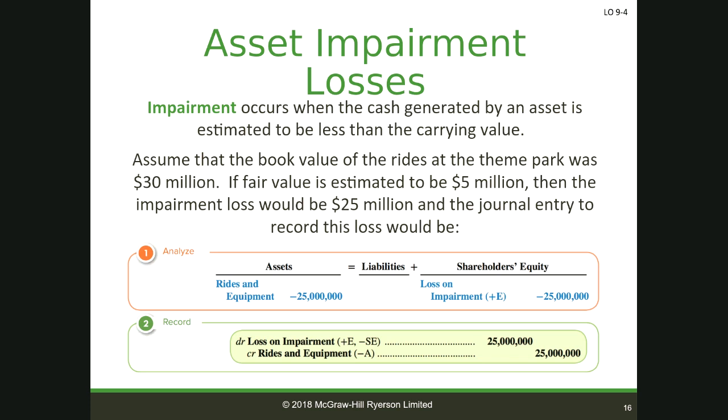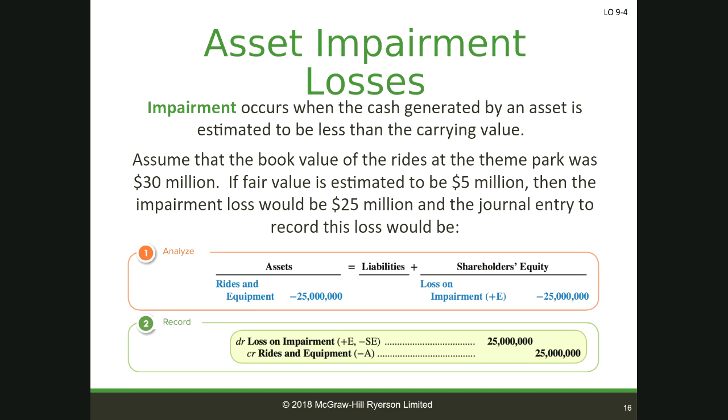Just like we have accumulated depreciation on buildings and different types of equipment, we should also have an account called accumulated impairment. So in this case, rides and equipment dash accumulated impairment would be $25 million.